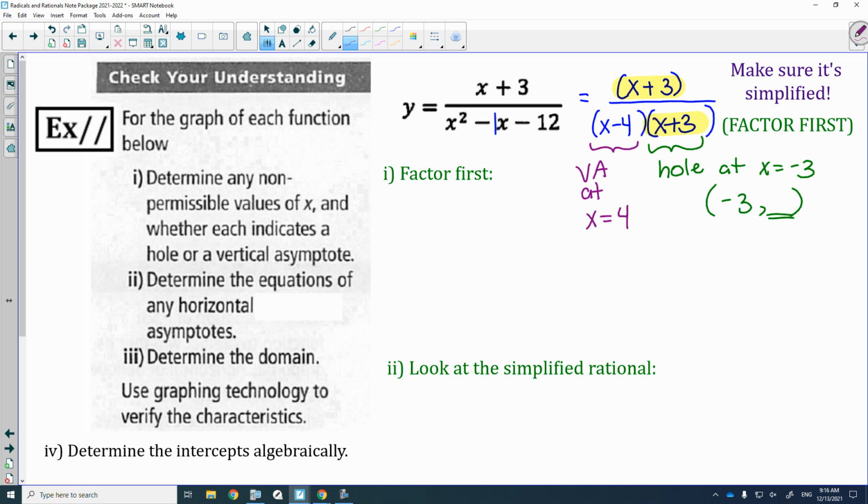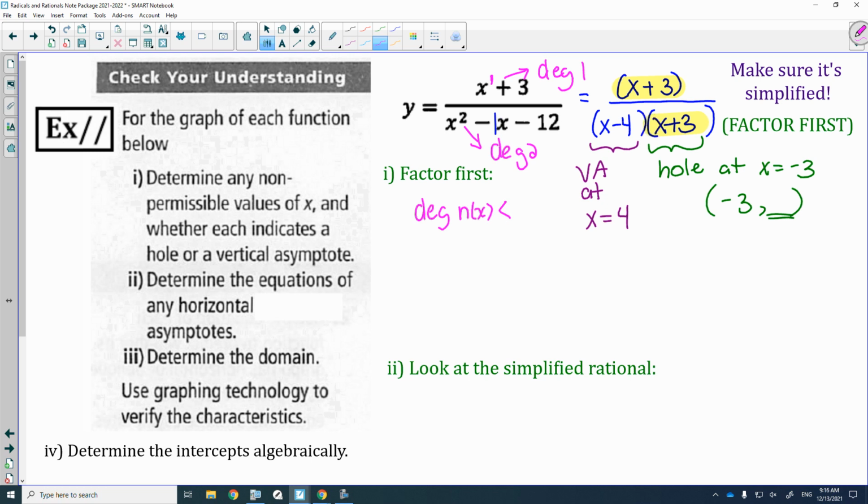Okay, so go through all of that. Is there going to be an HA? So let's do the HA. Degree of numerator, degree 1, degree 2.